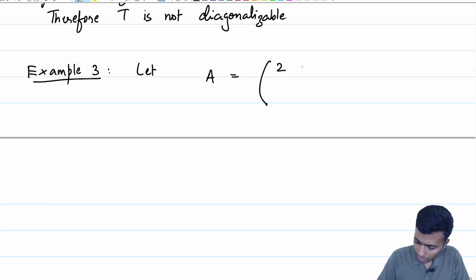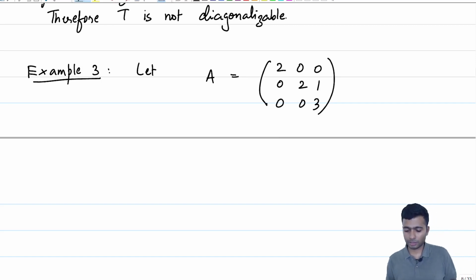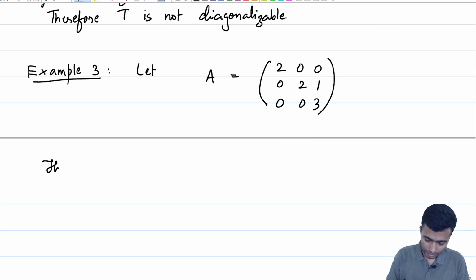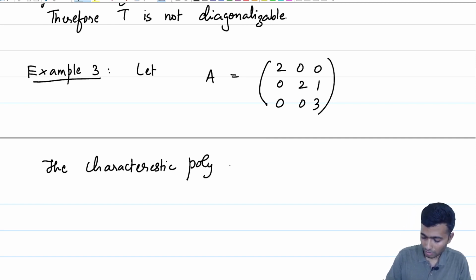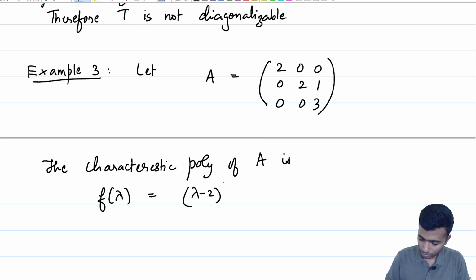I will just change the matrix a bit, 2 1 0, 0 2 0, 0 0 3. It's an upper triangular matrix, and the characteristic polynomial here, let me leave that to you to check, of A is f of lambda equal to lambda minus 2 the whole square times lambda minus 3.